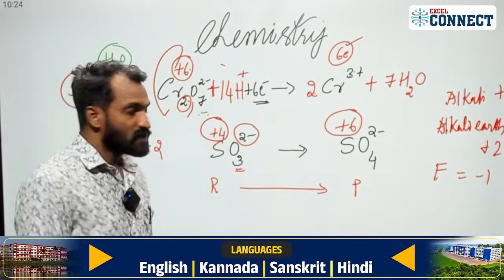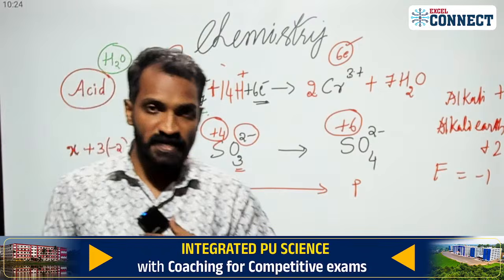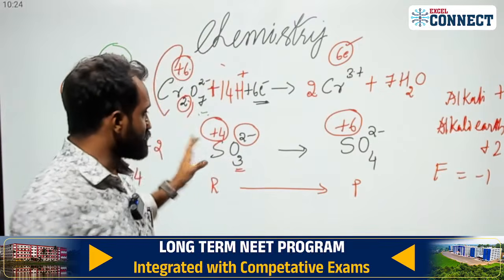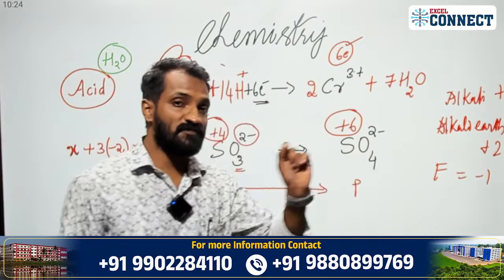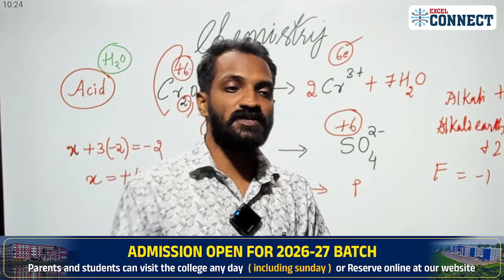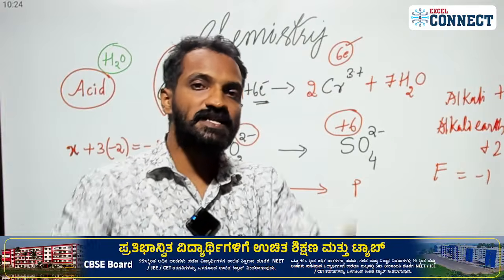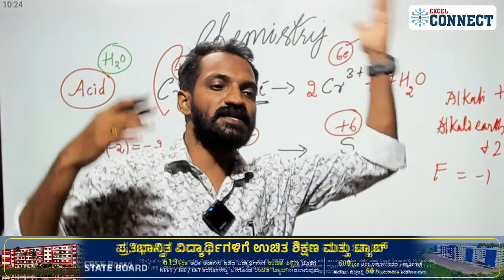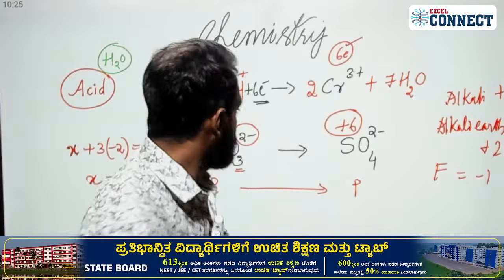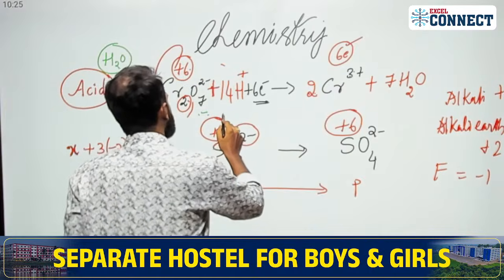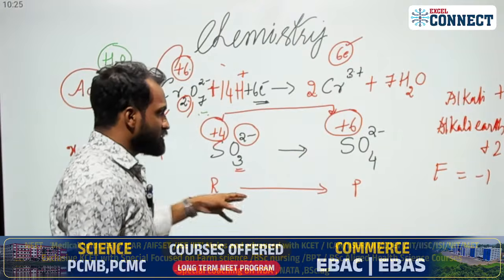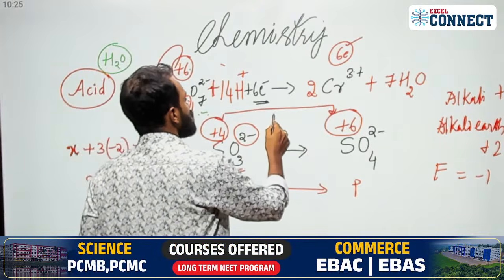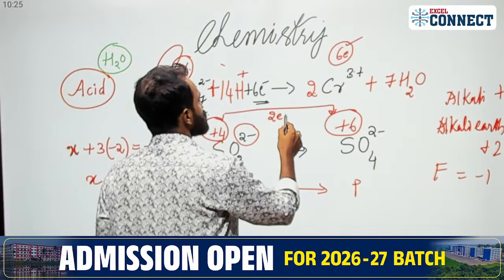Look at this: +4 is the state in the reactant at the beginning. Now in the product, sulfur is at +6. From here to here, 2 electrons are removed.